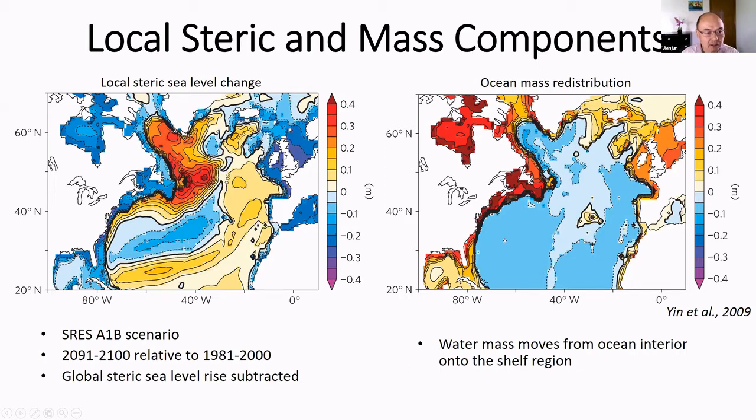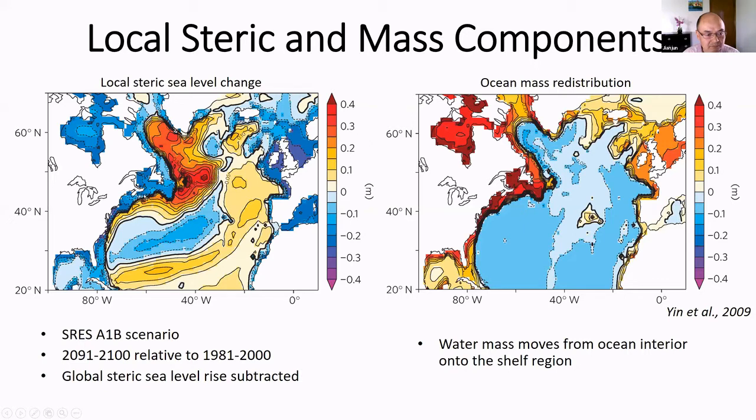You can see in response to external forcing, there's an extra steric sea level rise on the offshore side of the shelf break, above the average steric sea level rise. This extra steric sea level rise is due to the ocean warming in this region in a thick layer. And this local steric sea level change pattern creates a sharp gradient across the shelf break.